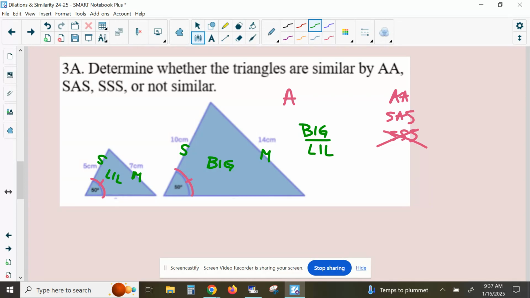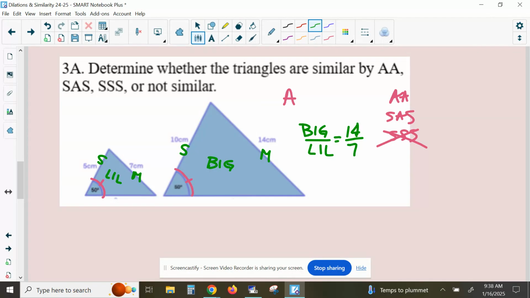Okay, so I need a piece. Tamara says she wants big first. So give me a piece on big. 14. Okay, she picked a piece on big. Who's the matching piece on little? 7? Do you guys agree?